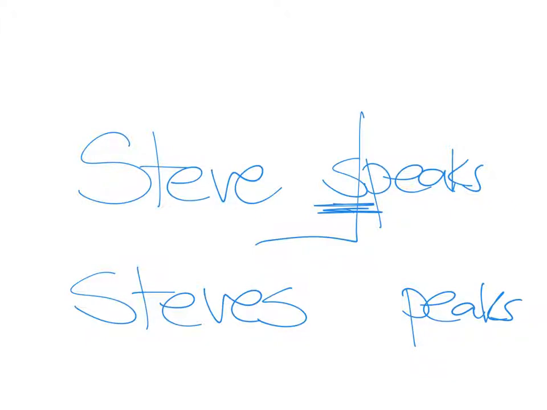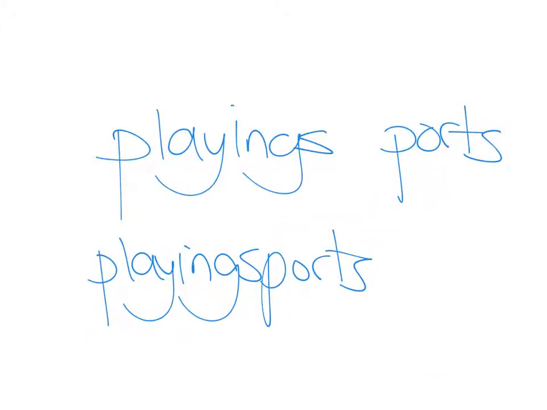That's option number one. Option number two: you have to pretend it's just one word, as if you were speaking German, and say it all together. Steve speaks. Steve speaks. So you can either just join the S to the end of the previous word, or put it all together.